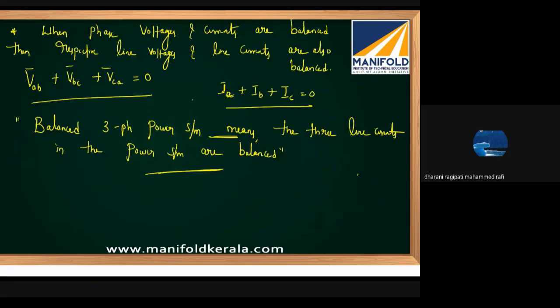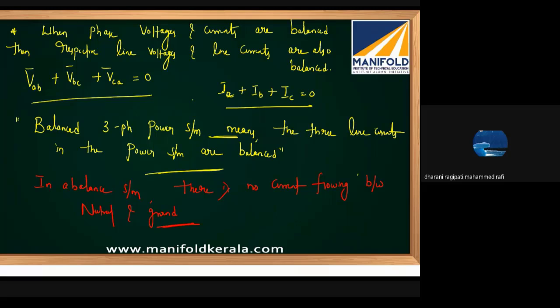So one more important point is, in a balanced system, there is no current flowing between neutral and ground.